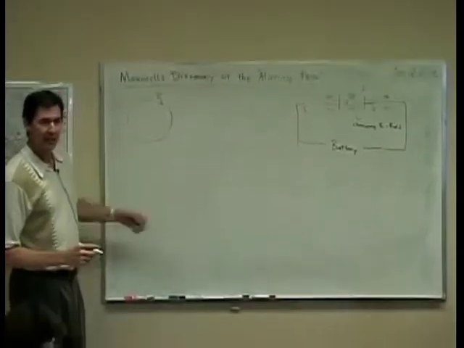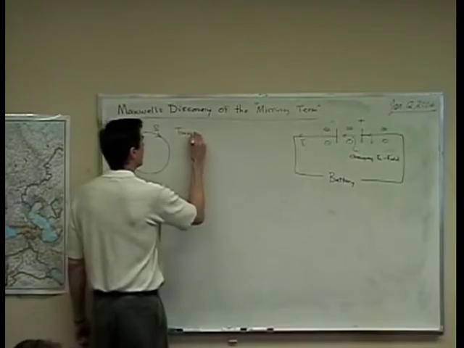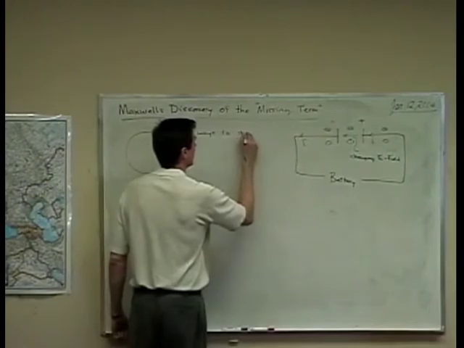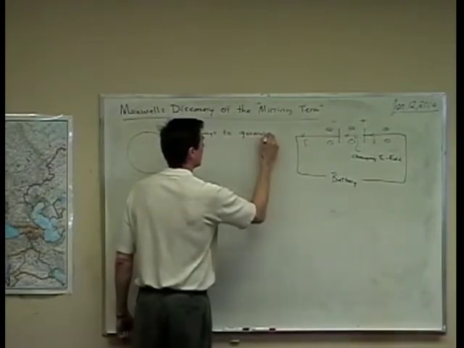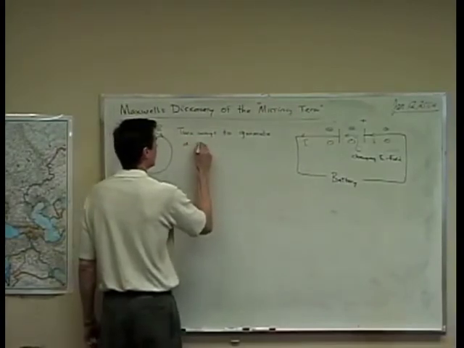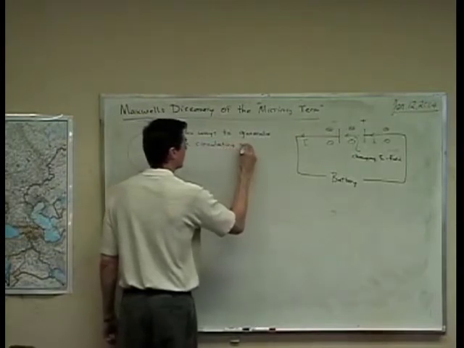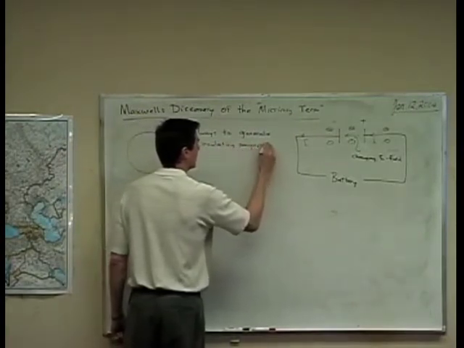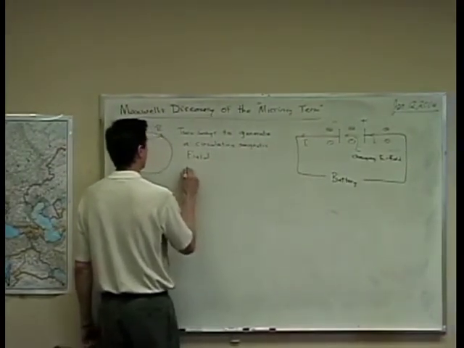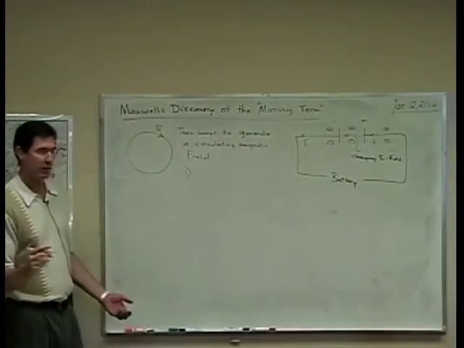Now, how can we get that? Well, like I said, there's two ways to generate a circulating magnetic field. The first you've known about for a long time. What would you do?